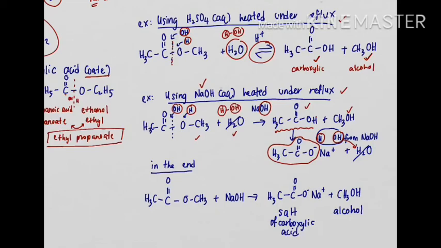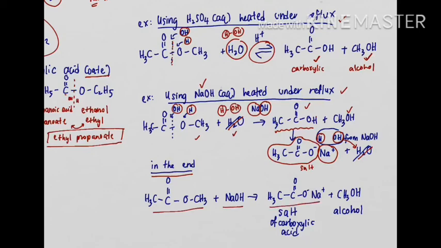And then the Na will join with this ion, and you are going to get the salt of the carboxylic acid. In total, because we have water in the product part and water in the reactant part, this water is going to be cancelled off.